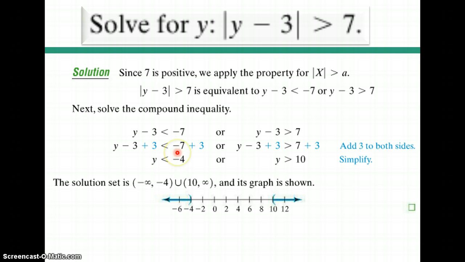Adding 3 both sides of the inequality, we have y less than minus 4, and the second inequality, adding 3 both sides, we have y greater than 10.